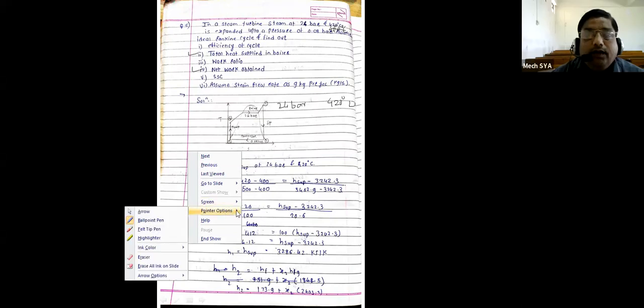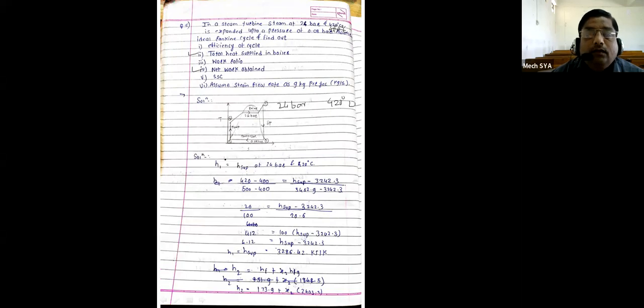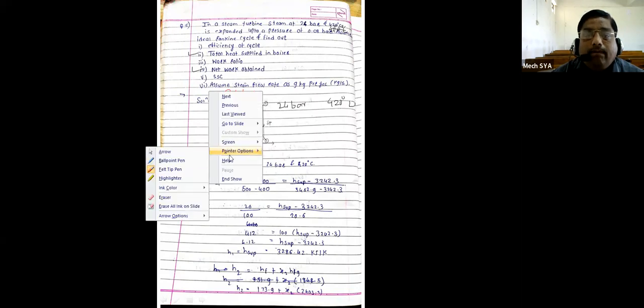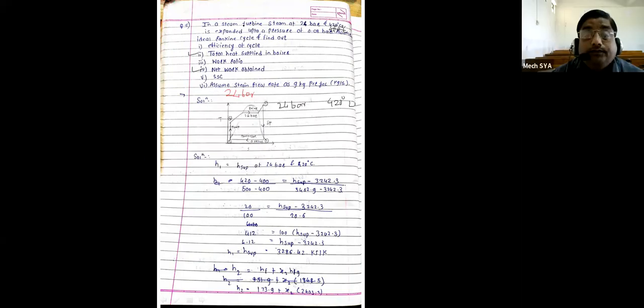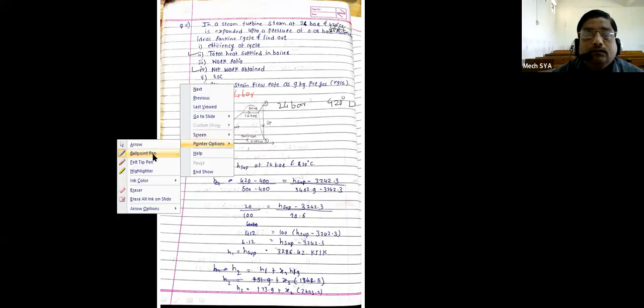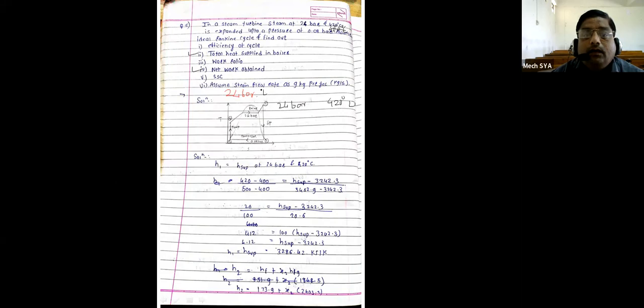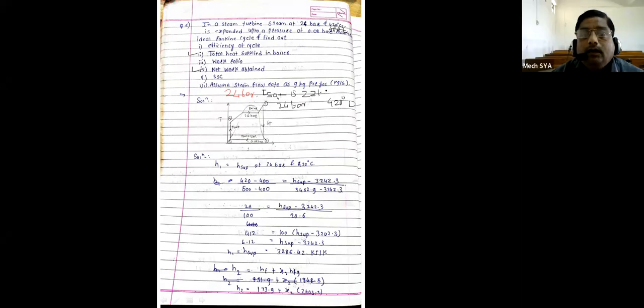T saturation at 24 bar is 221.8 degrees Celsius, and the given temperature is 420. So the steam will be superheated.